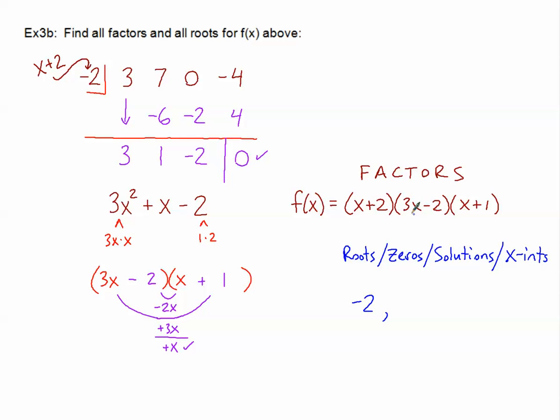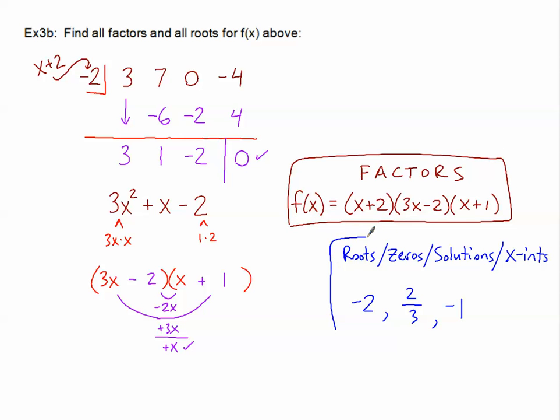I know that this second factor would correspond to a +2/3. And I know that this third factor would correspond to a -1. So I can do my factors, and I can do my roots, zeros, solutions, x-intercepts.